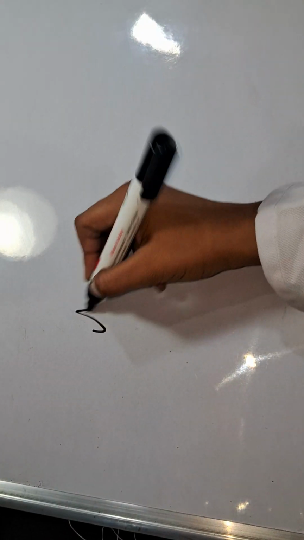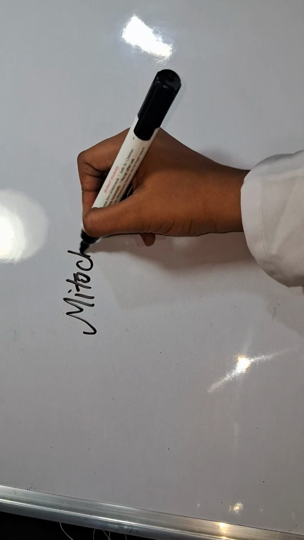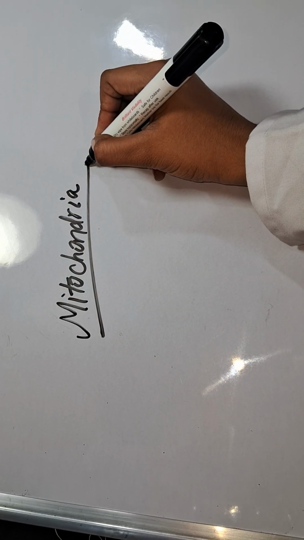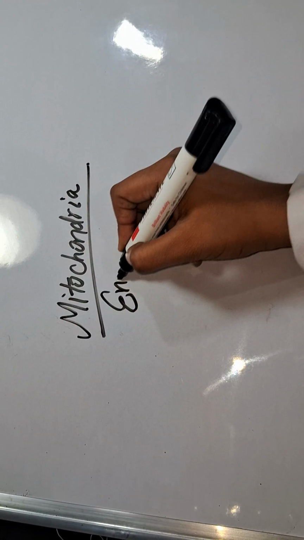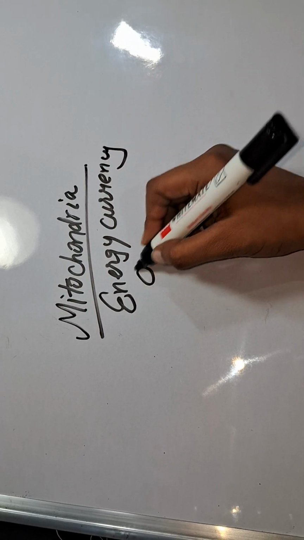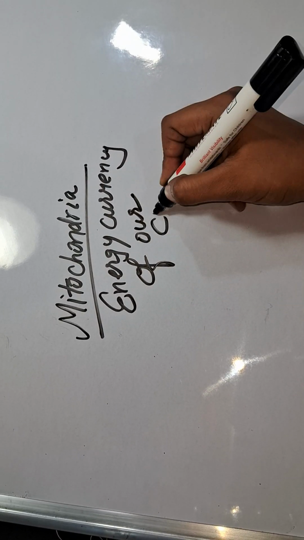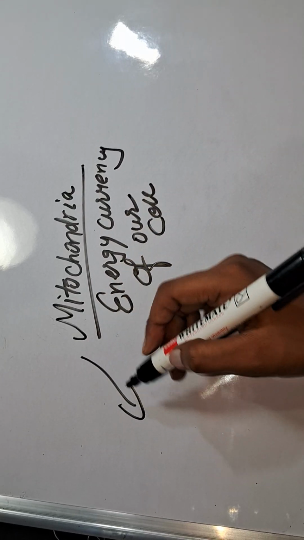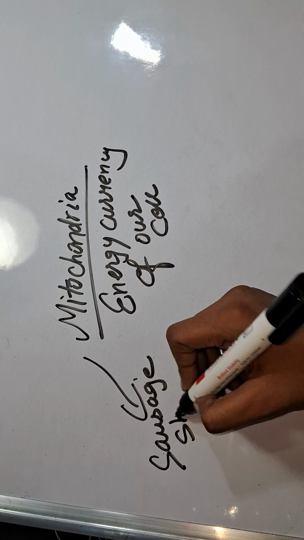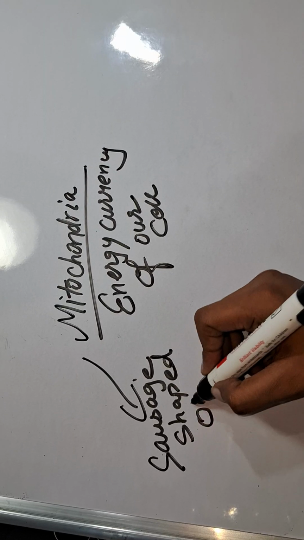Let's have an overview of mitochondria. Mitochondria. As we know, the energy currency of our cell. Basically, mitochondria is a sausage shaped organelle.